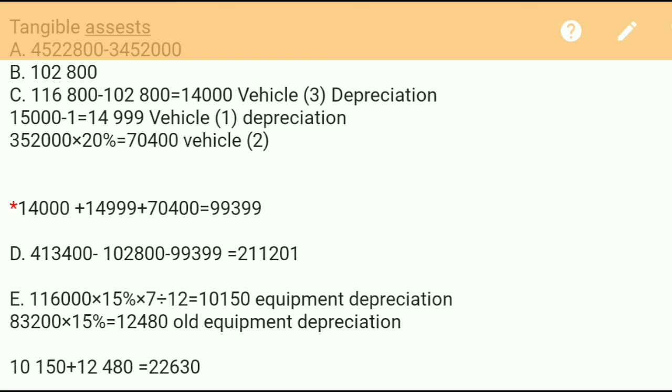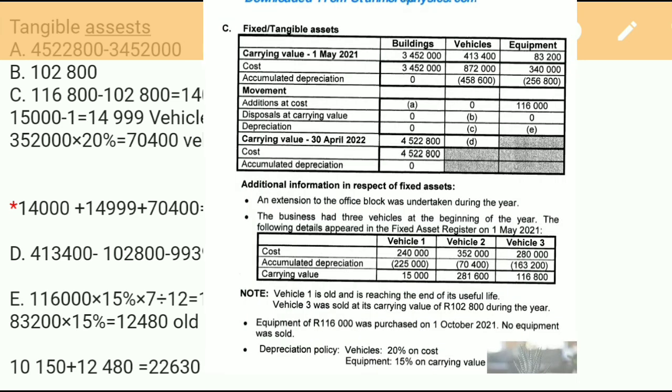So now we are going to the old one. You're going to say 83,200 multiplied by 15%, which is the depreciation policy. Where did we get this 83,200? It is the carrying value.